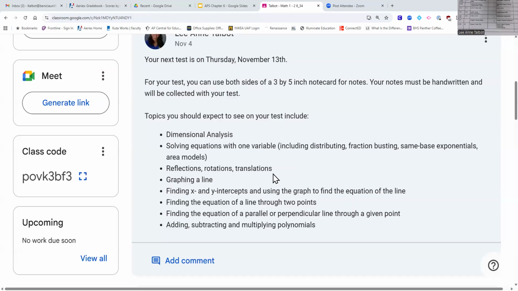Adding, subtracting, and multiplying polynomials. That is, look at your review notes if you want to, number 4, 5, and 6. So let me show you on my page. Adding, subtracting, and multiplying polynomials is these 3.